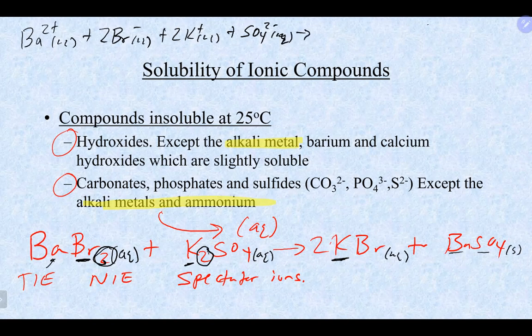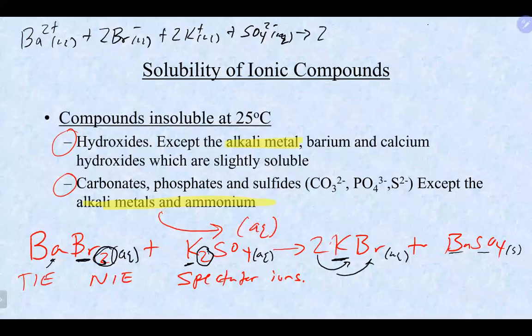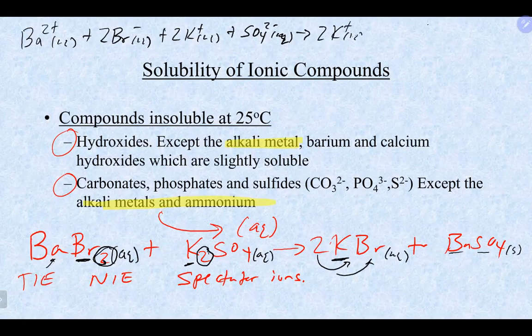On the other side, this 2 would get distributed to both of those when we break it apart. And that would give us 2 potassium ions and 2 bromide ions. And this, which is our solid, would stay together. Any questions on the total ionic equation?